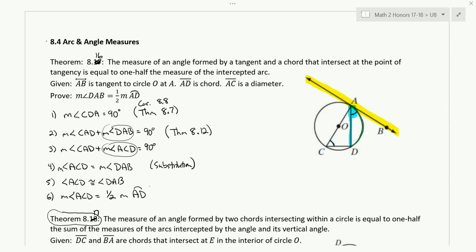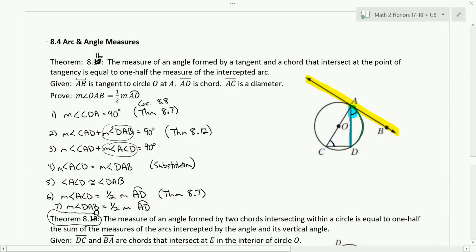It's intercepting that arc, and that's one of the key theorems, I think theorem 8.7 there. And so therefore, because of step 4 or step 5 here, those angles are congruent. Those angle measures are equal, and so we finally get what we're looking at: the measure of angle DAB also has to be 1/2 the measure of arc AD.